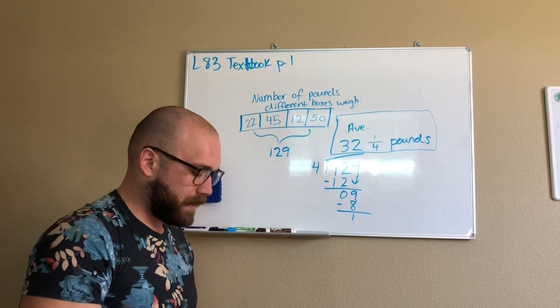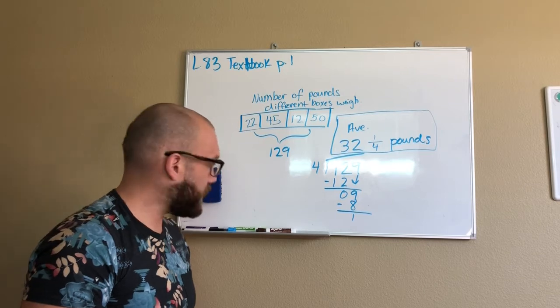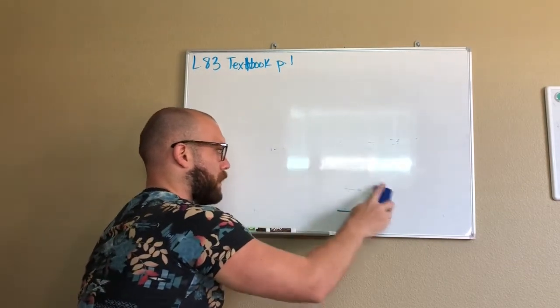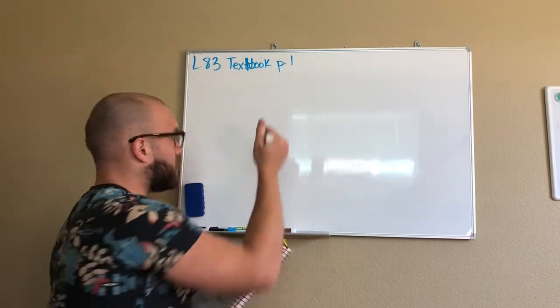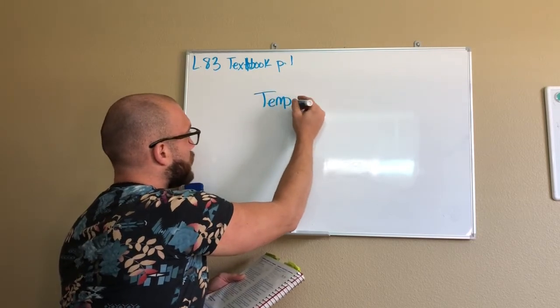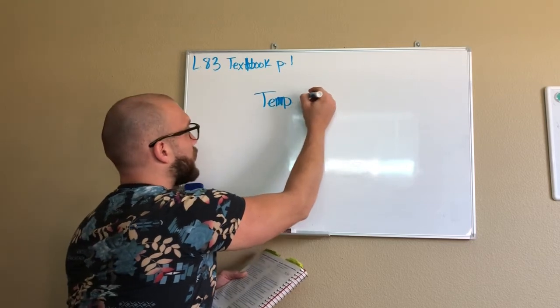You need to do part B on your own. I want you to practice it, temperatures on different days. I will write it out here to set it up for you. So we have temperature. I'm going to abbreviate that as temp on different days.